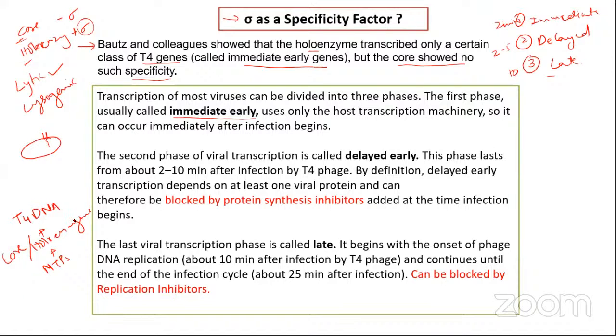Now your job is to find out whether it is the immediate early genes, delayed early genes, or late genes that are getting transcribed. So how will you find that out?